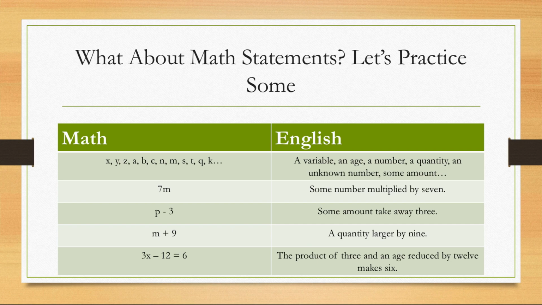And the word product, if you remember from the previous slide, means multiplication. So we've got the multiplication of 3 and some number, and we're going to be reducing it by 12. There you have it, in plain English, reduced by 12. So we know that the product has to happen first, order of operations, and then that product between the 3 and the age will be reduced by 12. And finally, we know that the answer has to be 6.